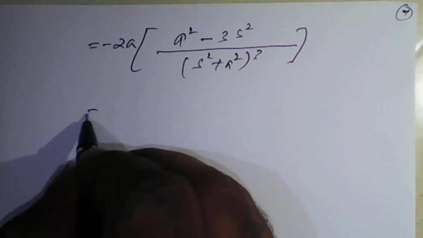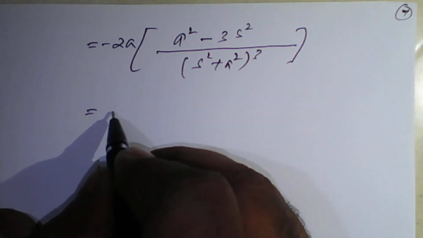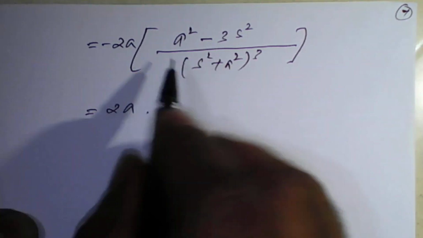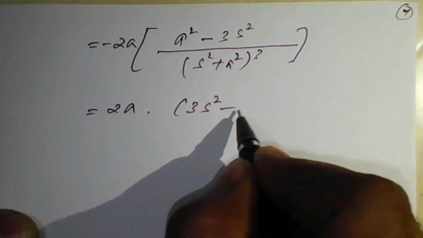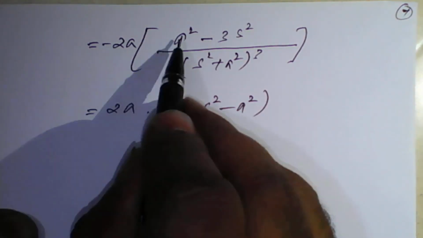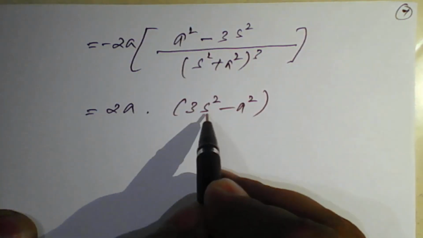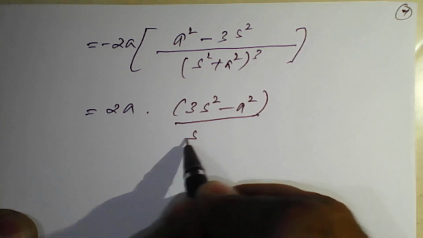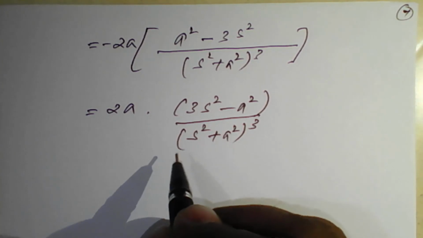So again you multiply this minus sign inside here. So it is 2a into, so numerator will become what? If you multiply, it will become 3s square minus a square, because if you multiply, this will become minus a square and this will become plus. So therefore plus times 3s square minus a square divided by s square plus a square whole cube.